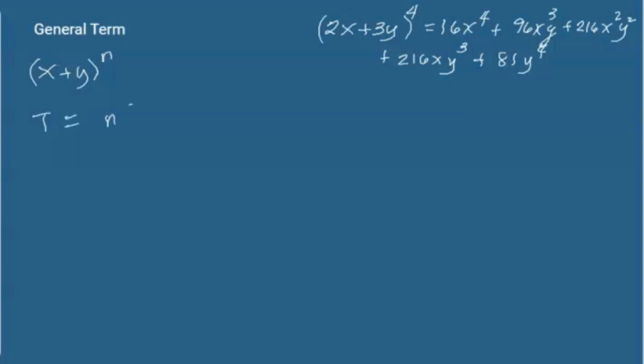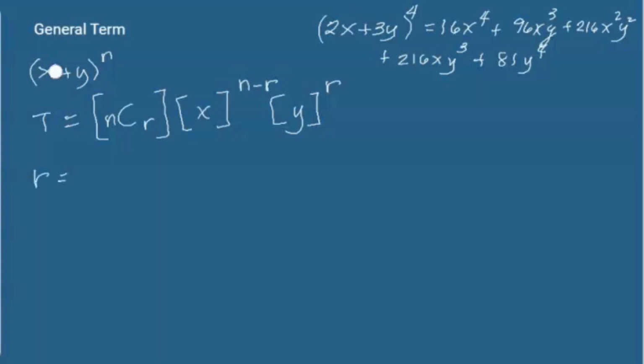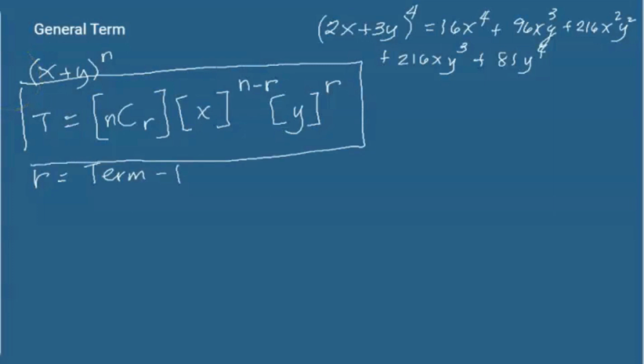So n choose r, times the first term raised to n minus r, and times y raised to r. Just note that r is equal to the term that you're looking for minus 1. So remember this general term formula.